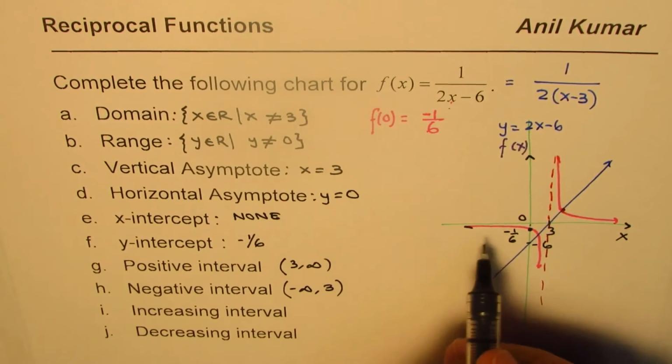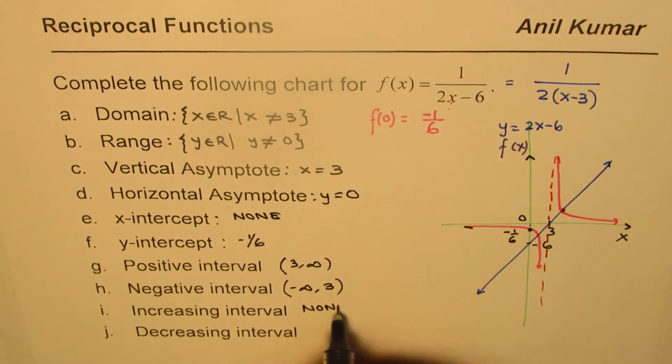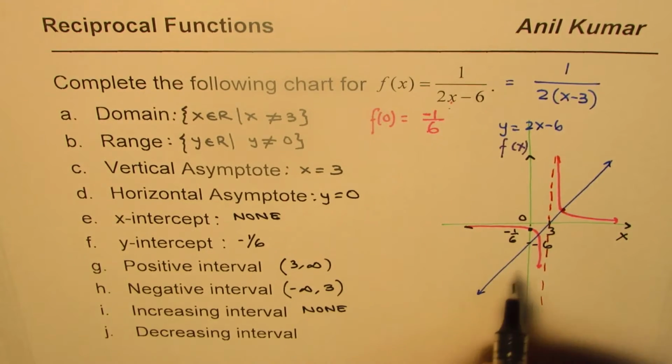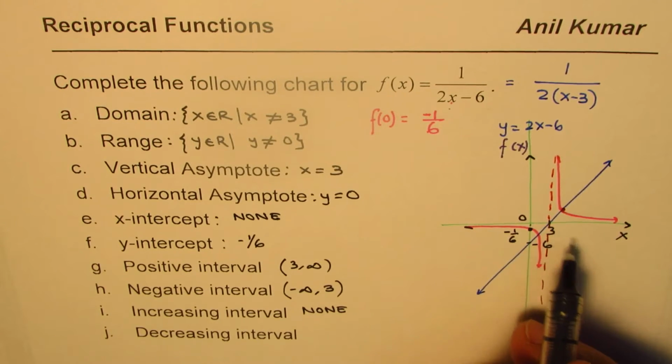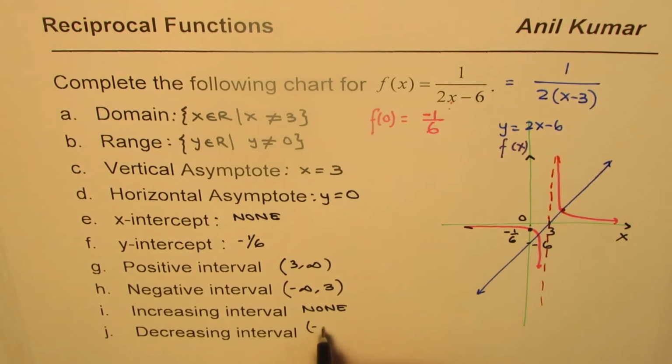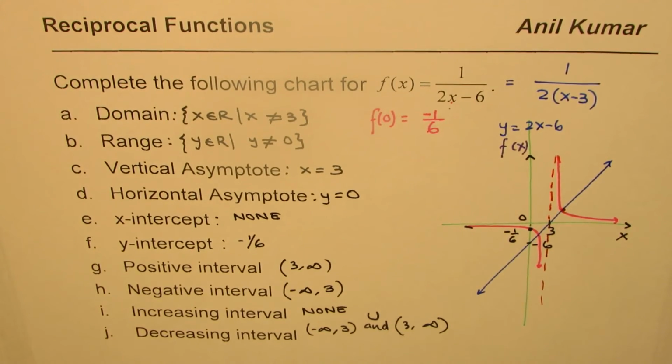Increasing interval: the function is always decreasing, as you can see, so it is none. Decreasing interval: you should split it in two, since the function is not defined at 3. So it is from minus infinity to 3, and union from 3 to positive infinity. That is how you can answer all these questions.